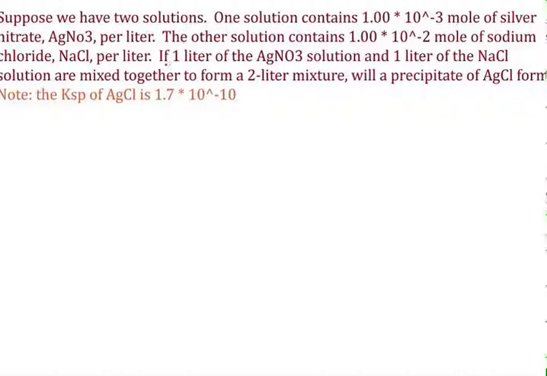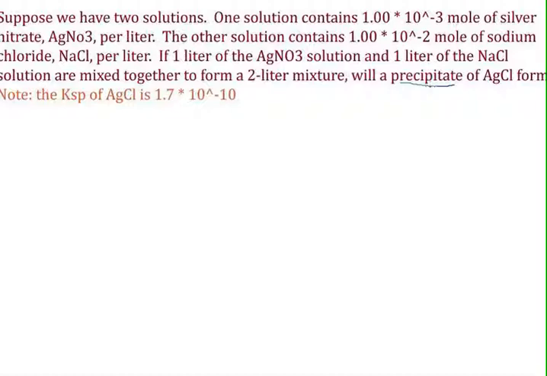So if we combine 1 liter of each solution and mix them together to form a 2-liter solution, they want to know, will a precipitate of silver chloride form? And remember, a precipitate is just any solid that literally drops out of the solution.